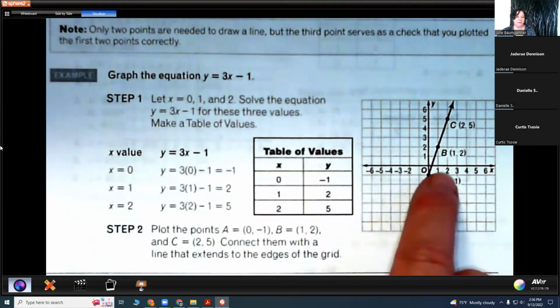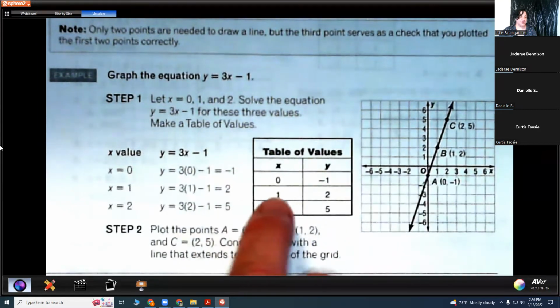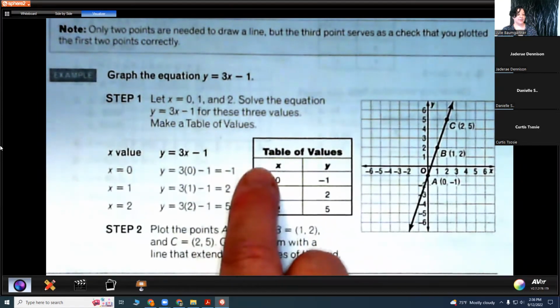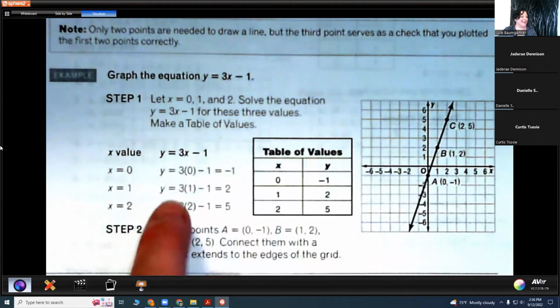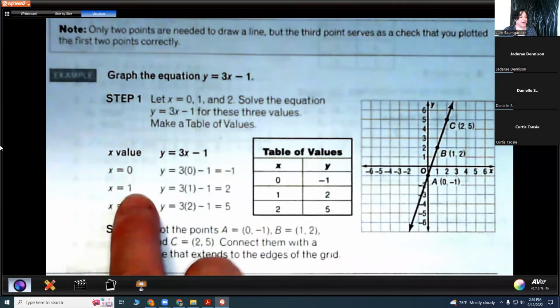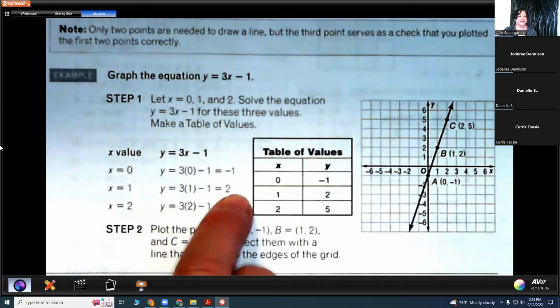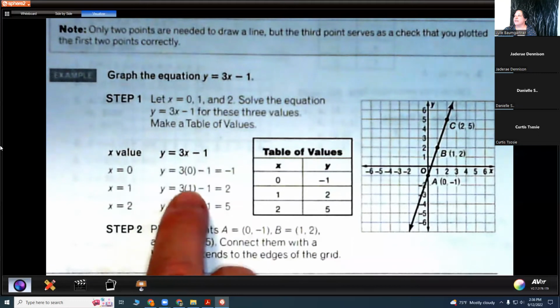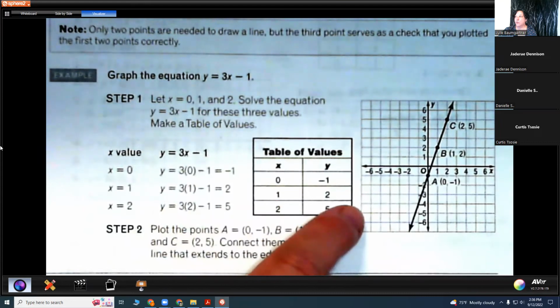Then I want to plot that point and choose another value for x. 0, 1, and 2 are really easy. So when x is 1, y is 2: 3 times 1 is 3, 3 minus 1 is 2.